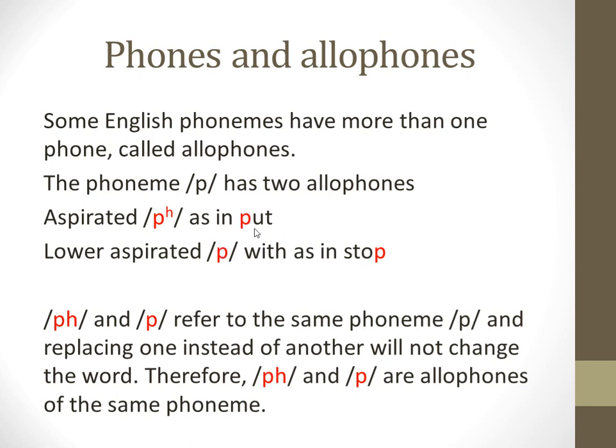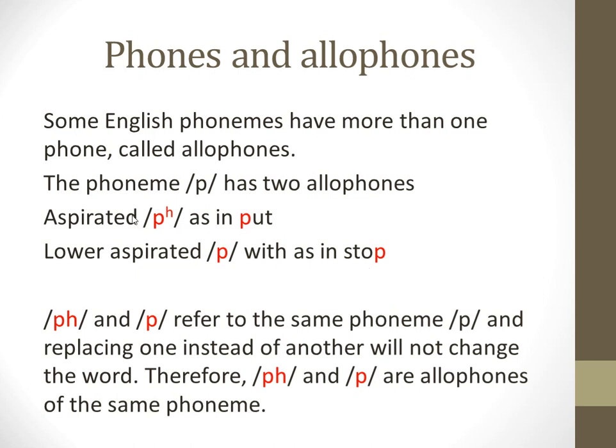So if you say "put" with high explosion, or with low explosion, it will stay the same word, "put." And if you say "stop" with low explosion or with aspirated P, it will stay the same word, "stop."